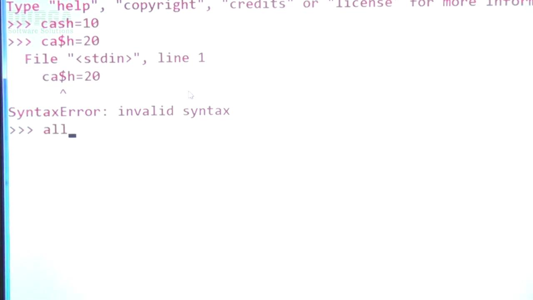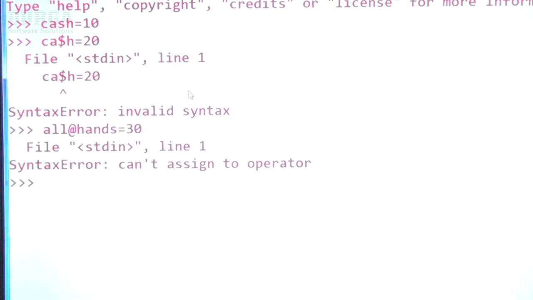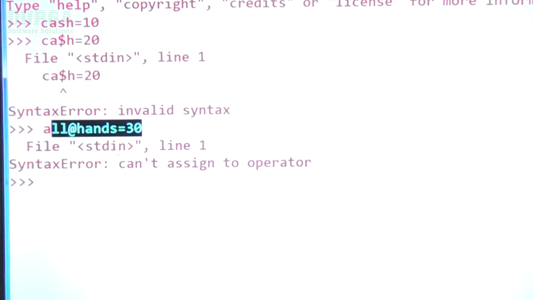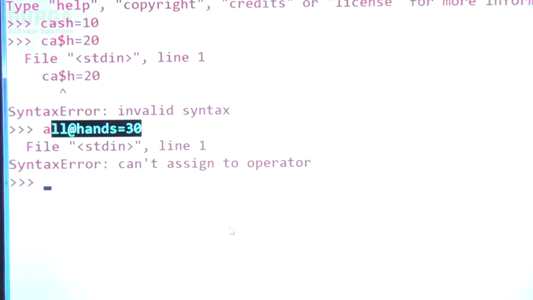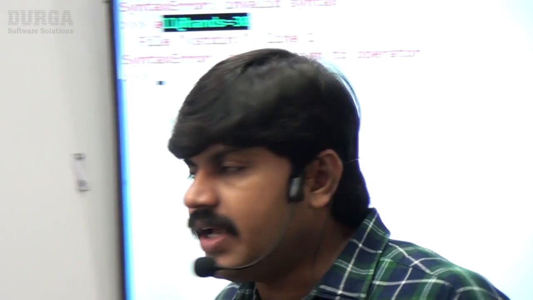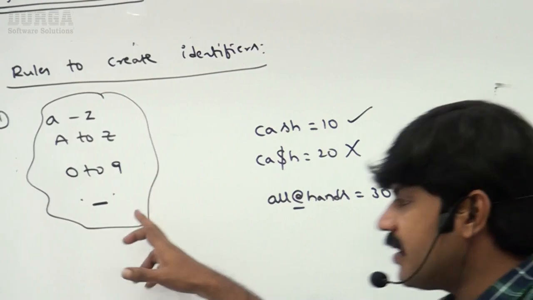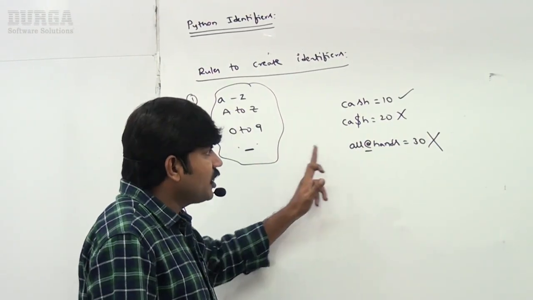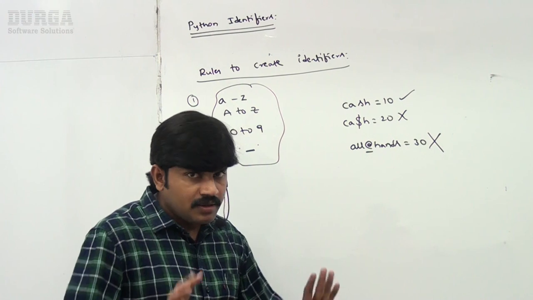Next, all at the rate hands is equal to 30, again a syntax error. So the important conclusion you should be aware of: these are the only characters allowed in Python identifiers. By mistake, if you use any other symbol, syntax error.